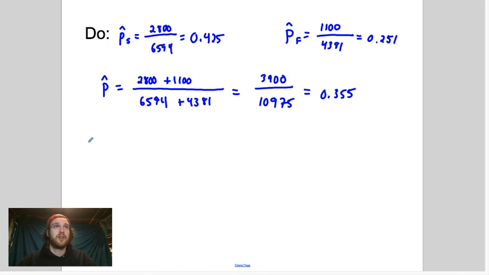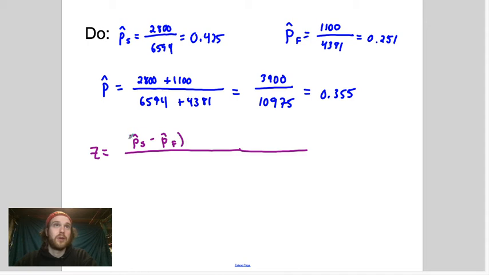Let's calculate our standardized test statistic Z. That is equal to our sample statistic, p-hat S minus p-hat F, minus the hypothesized difference, all over this big thing.